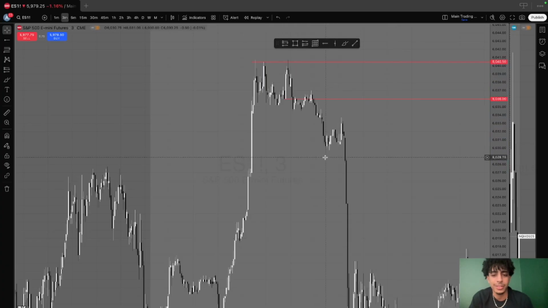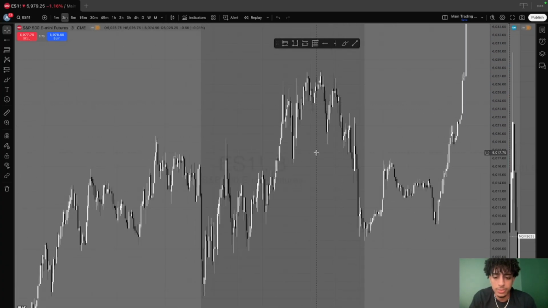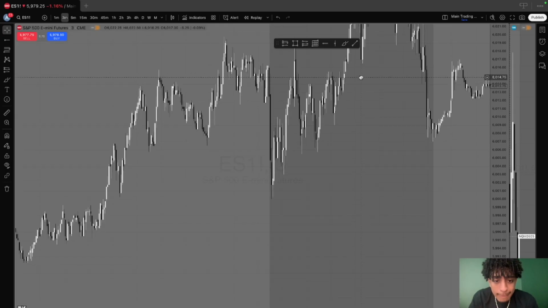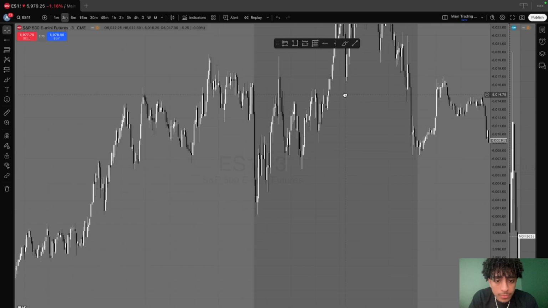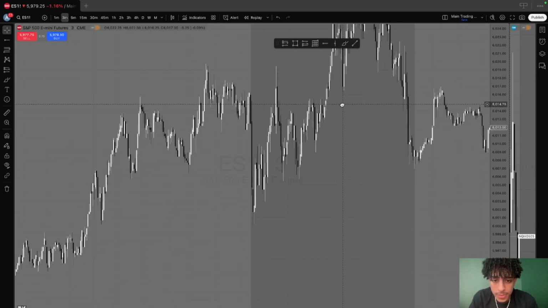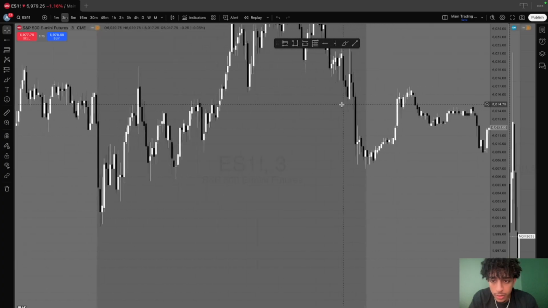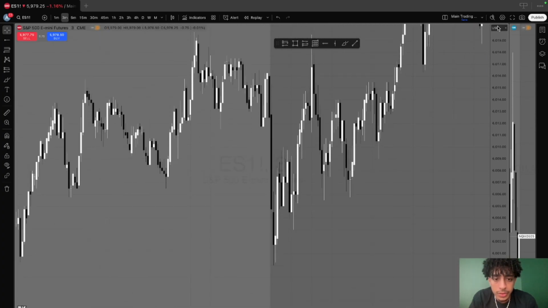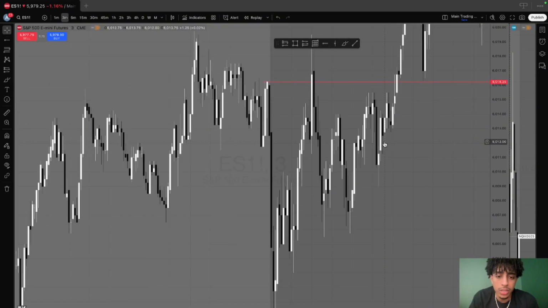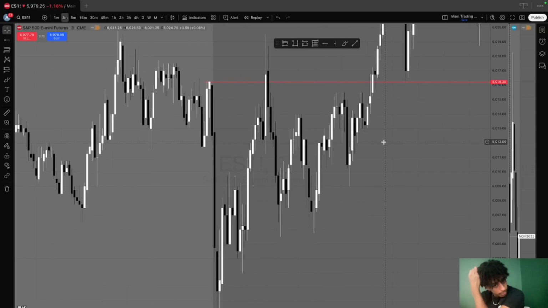But yeah, let's see if we can find more. All right. So you can see right here, we take out this high, so we get our liquidity sweep. And then we need to see a close above the bottom of what body of candle.